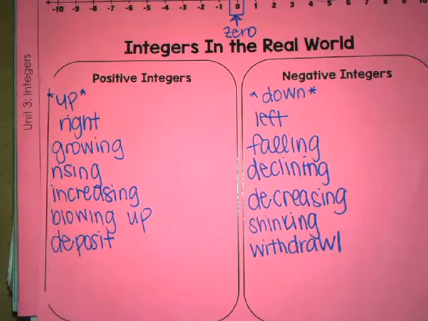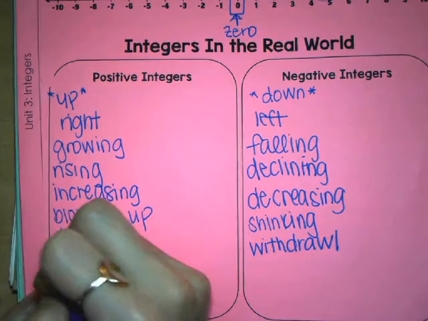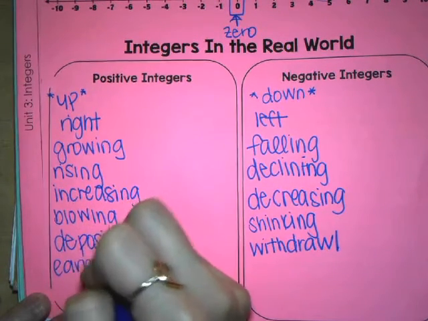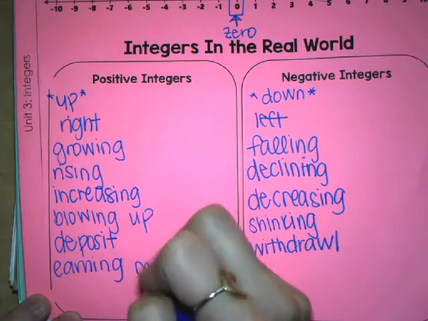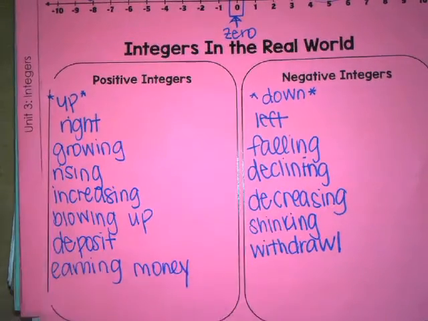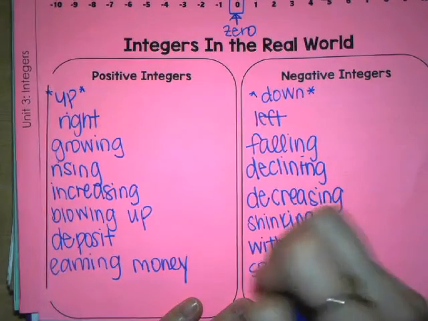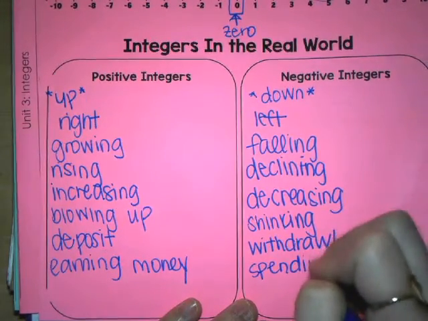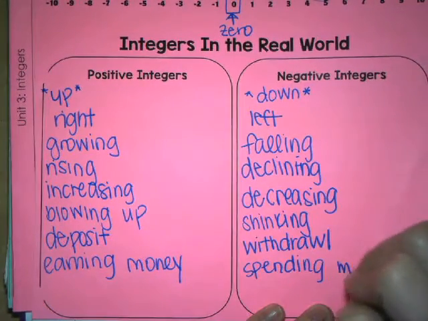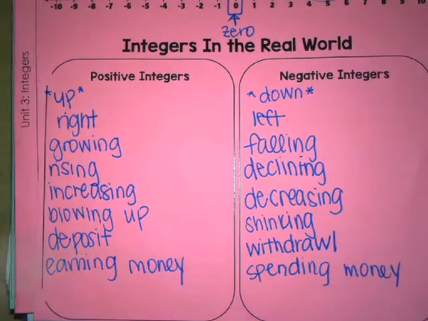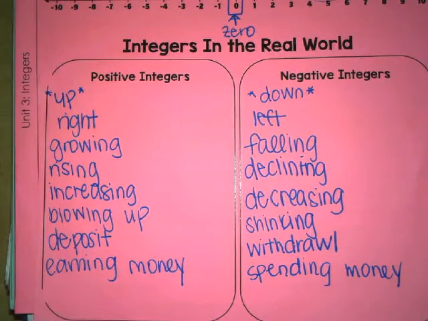So, deposit, put in, withdrawal, take out. I'm going to also add in here positive. If we're earning money, that's a positive, right, guys? Anything that talks about you gaining money, earning money, or the opposite of that would be if you're spending money. Spending money, losing money, anything that has to be money's going down.